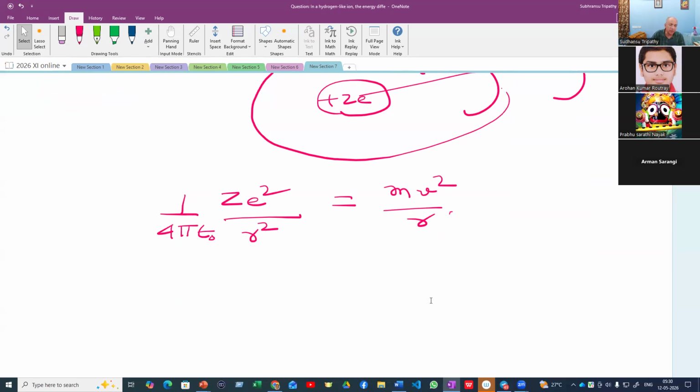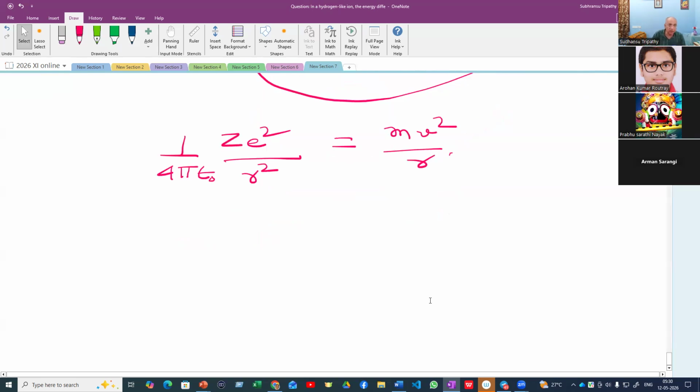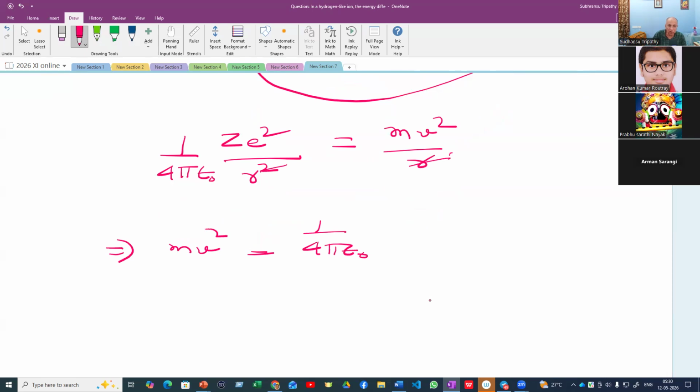For all of them, the centrifugal force, which is wanting to take it away, is mv square by r. And from this, one r gets cancelled, we got mv square is 1 by 4 pi epsilon naught Ze square by r.